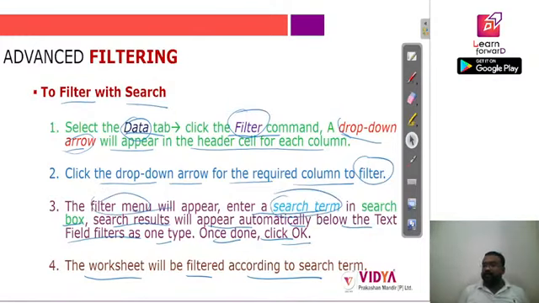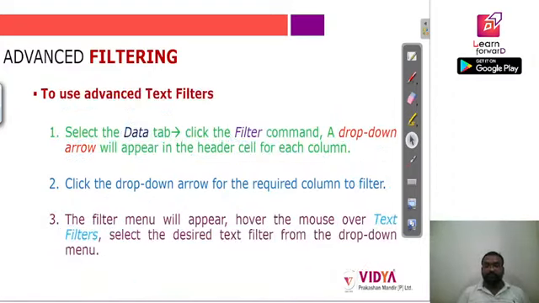Inside that we will type a search term, and in the search box, based on that particular term, the result will automatically be filtered out, and then you can select those values, and once your selection has been done, you can simply press OK. Once you press OK, your worksheet would be filtered out. So this is how you can filter your data by using search.